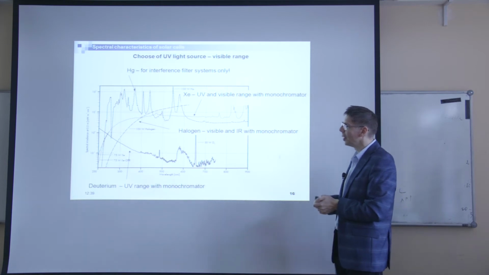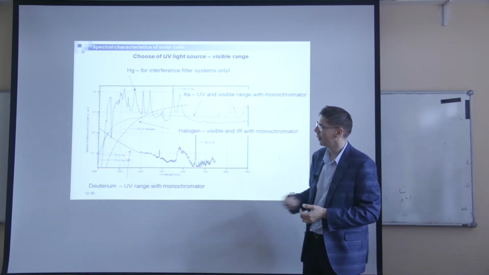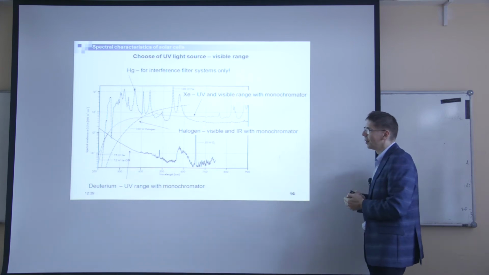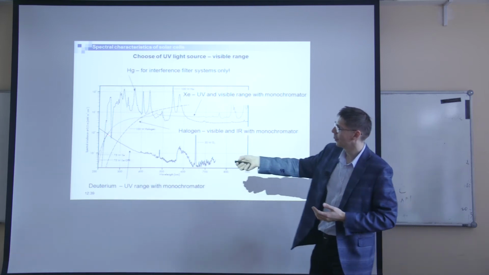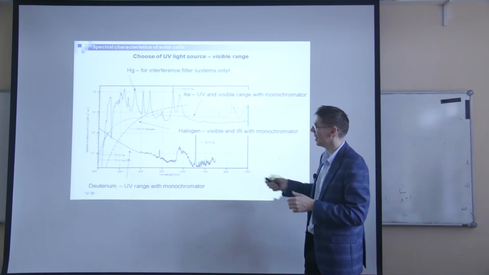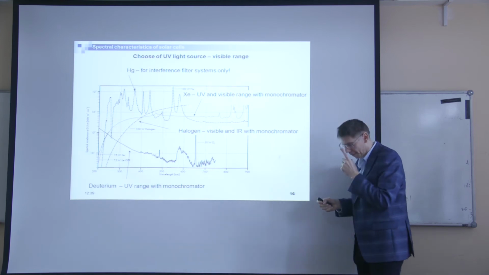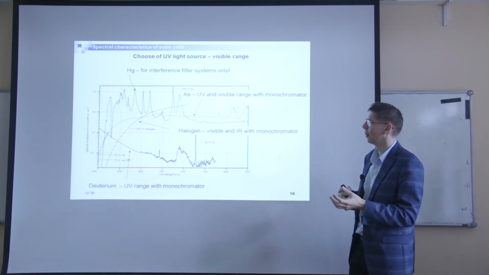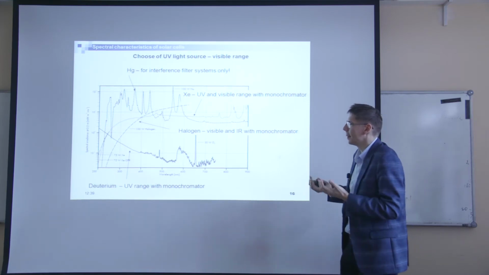Sometimes, if you really want to measure something in the region of very low wavelength, maybe it's useful, but in most cases, just a xenon lamp is enough. But again, as I told you, you can choose a xenon lamp ozone free or not.